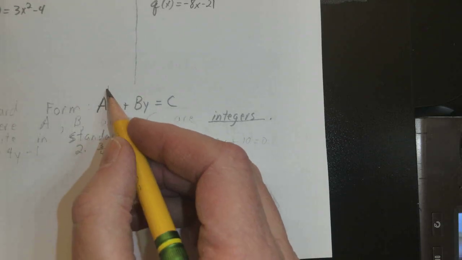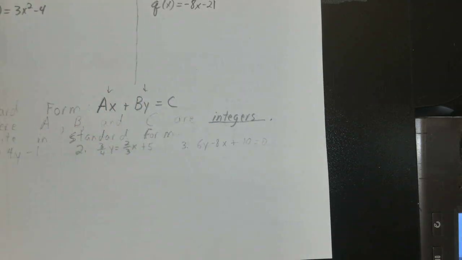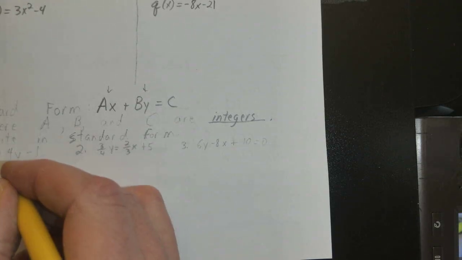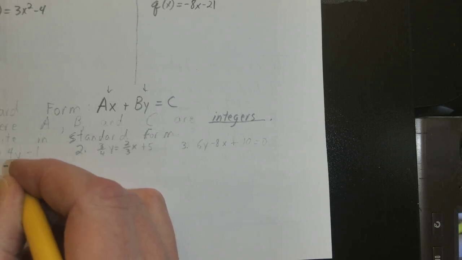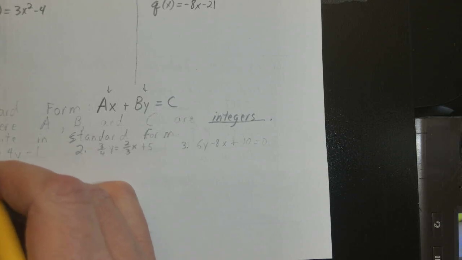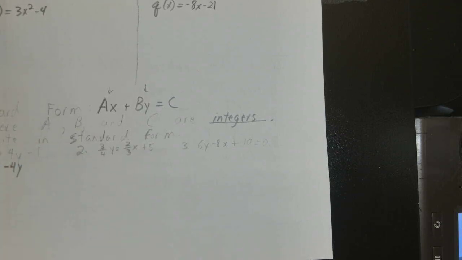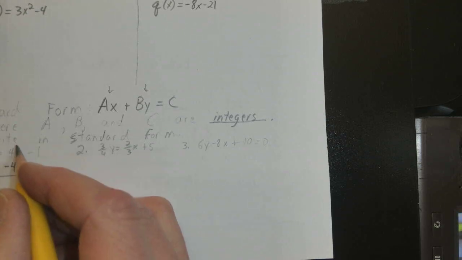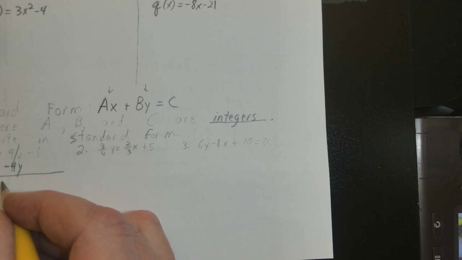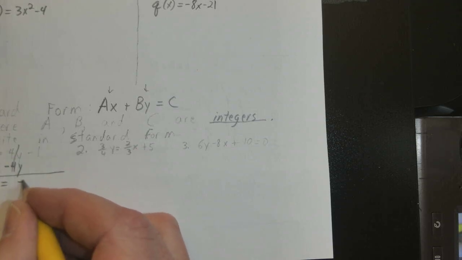One of the requirements, the x and y terms are on the left side. All right? Sometimes we've got to move things around for this to be in standard form. So, you see what I'm doing here? I am subtracting 4y from both sides. That's 0. 0 minus 1 is negative 1.